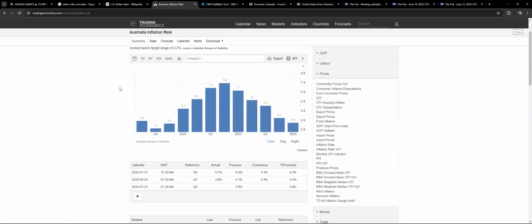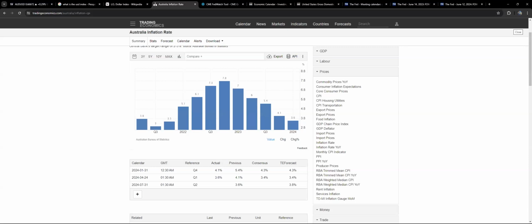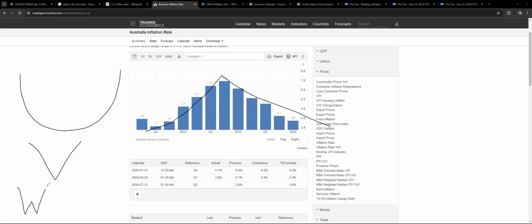So when we see this kind of shape on the inflation, we call this the V move, so up and then down. We have the U shape, something like that. And then we have the V move, that is this one. And then we have the W move, that's this one.